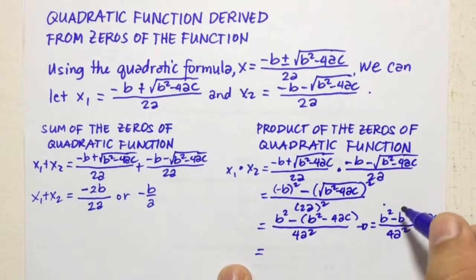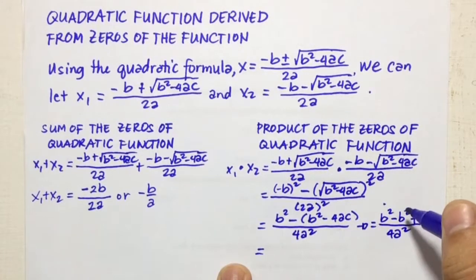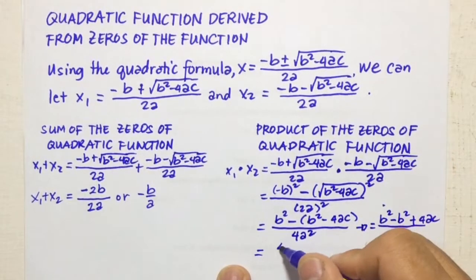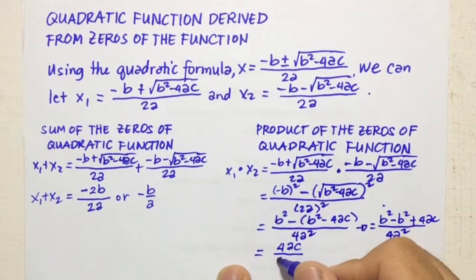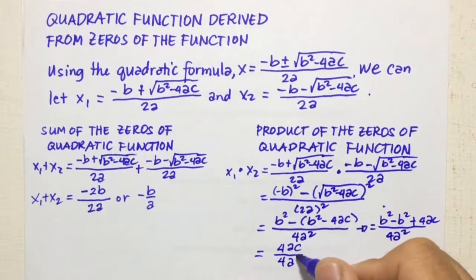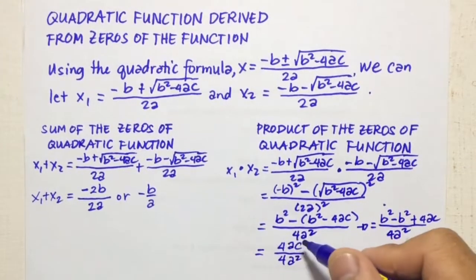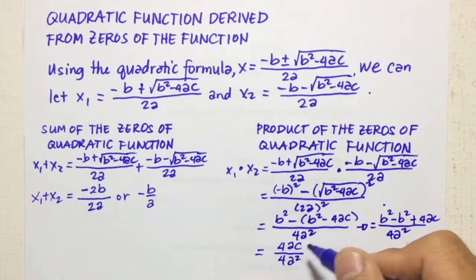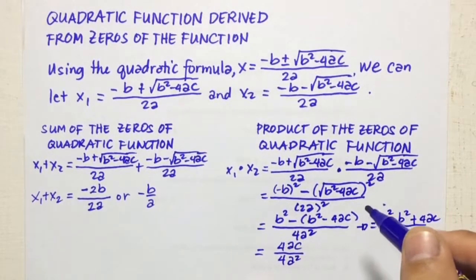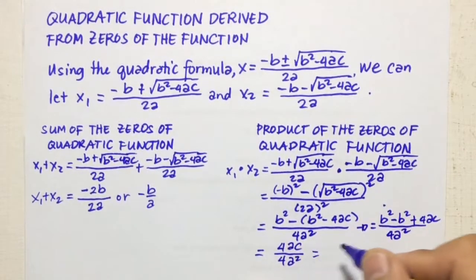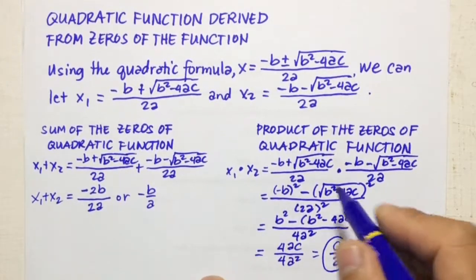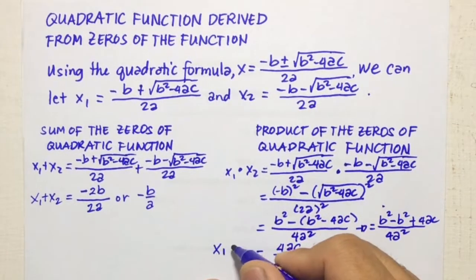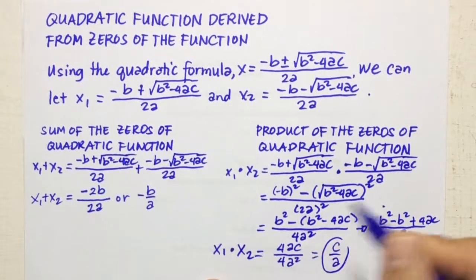Then b squared minus b squared is 0, so we're going to have here 4ac over 4a squared. Then 4ac divided by 4a squared, the result here will be c over a. So this is now your product of the zeros, x1 and x2.